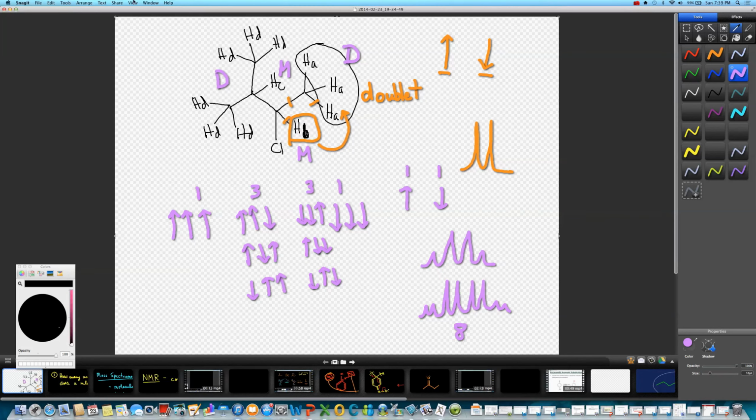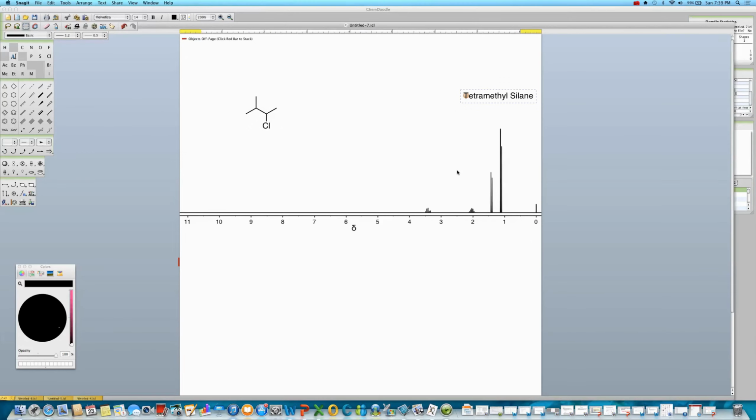So let's go back and let's look at our proton NMR in terms of the splitting. And in fact, you do see a doublet, a multiplet, and a multiplet. So we can justify this environment by both the number of proton environments we have and the way that it is split.